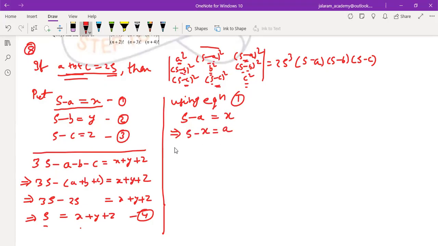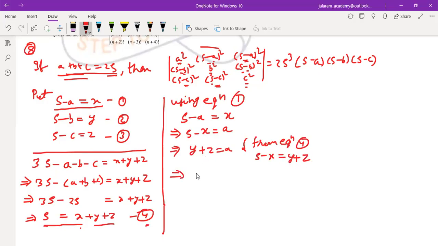So the value of a is s minus x, and from equation number 4, s minus x equals y plus z. Clearly, now we have calculated the value of a in terms of y and z only.